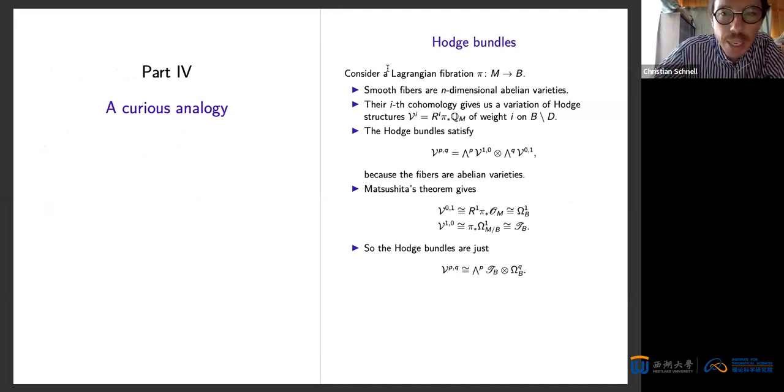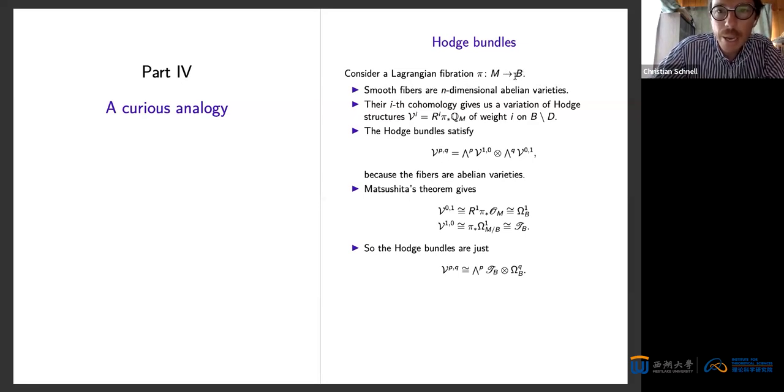Okay, so again, we take a Lagrangian fibration, arbitrary, pi goes from M to B, M is a manifold but not compact, B is a manifold but not compact. I already said that the smooth fibers are n-dimensional abelian varieties, and then I can take the cohomology of the smooth fibers. The abelian variety has a very simple cohomology.